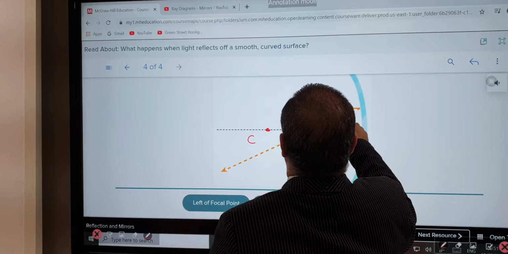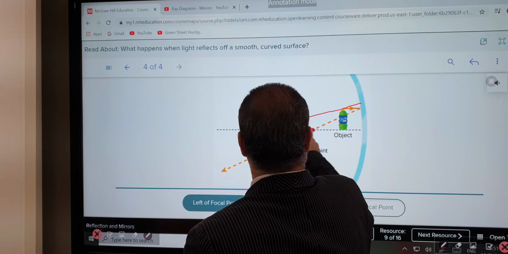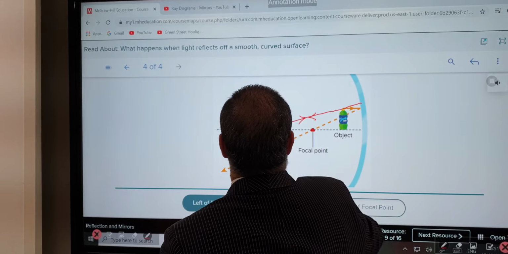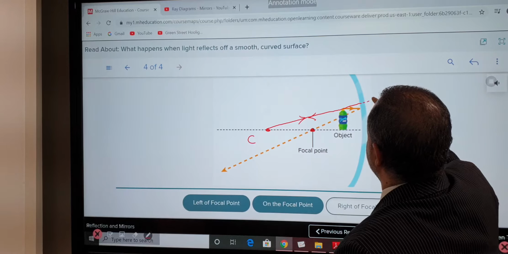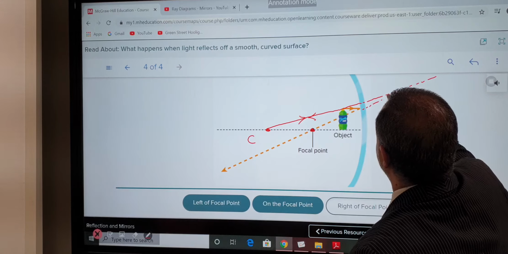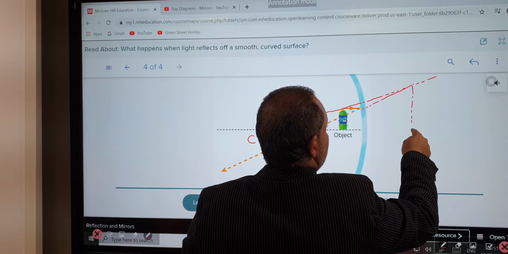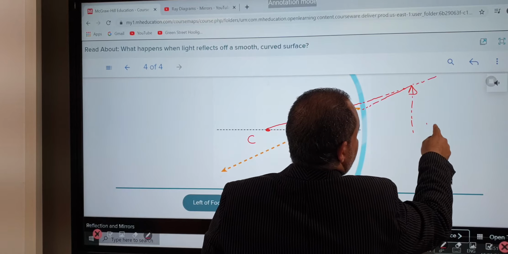If you put another ray from the object to the center, it will reflect on itself. So this is its extension, and this is the extension of this reflected ray. So the intersection of the extensions will be this. So it's the image formed.